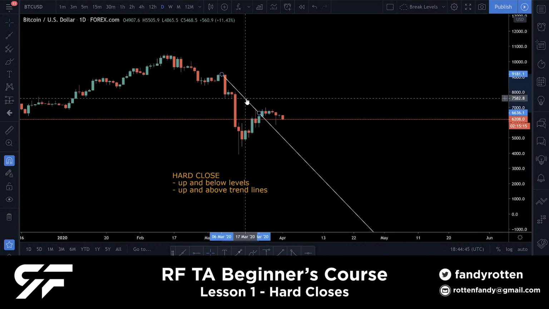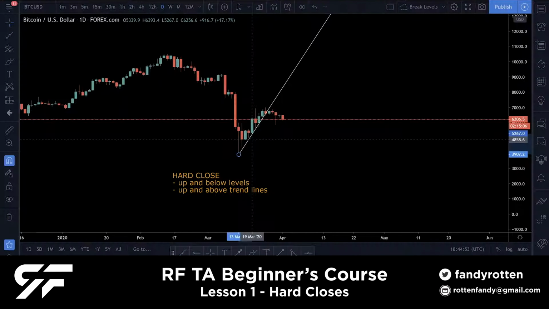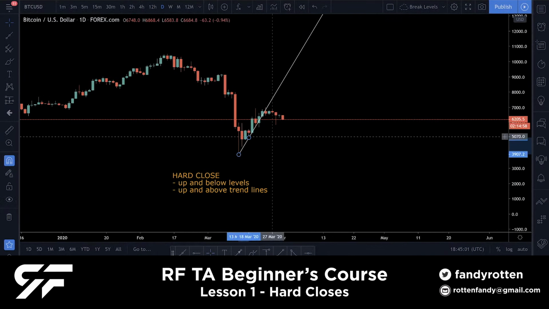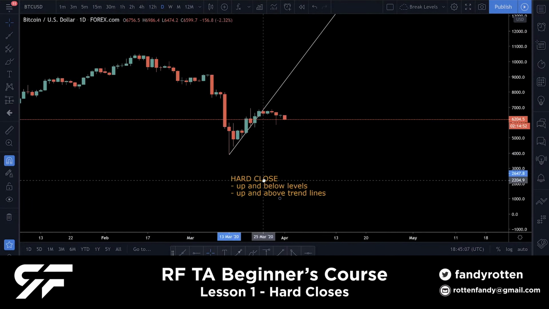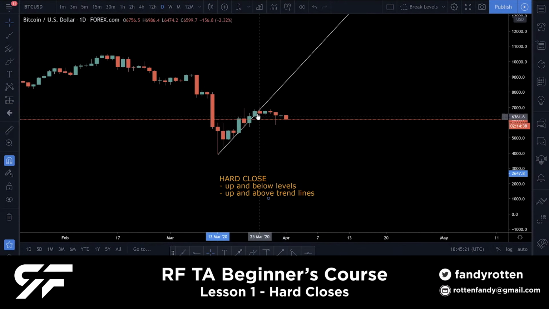Now, we're going to do the exact same thing for uptrends. In case of downtrends, we want to look at accumulation candles, right? In case of uptrends, we want to pay attention to distribution candles. In this case, it's the complete opposite, the mirror image, just like I told you about the levels. We want the top of the body of the candle to start below this uptrend. So in this case, this candle actually started from below this trend line.